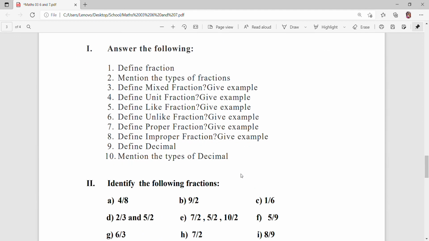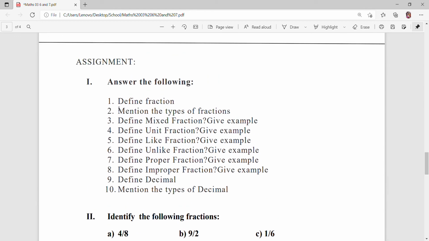And here some questions are mentioned. Answer these questions from the above definitions. First one, define fraction. I already put it there. What do you mean by fraction? Mention the types of fraction. Define mixed fraction. Give an example. See, here I asked for one example of every fraction. You should write the example in your own way.